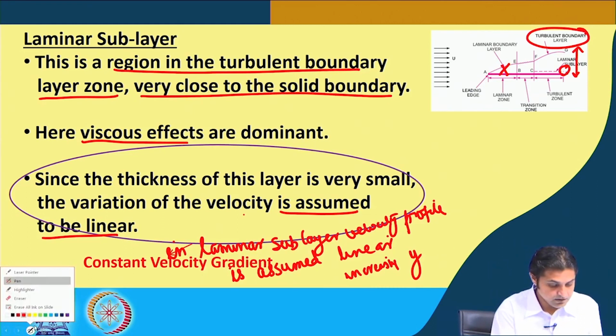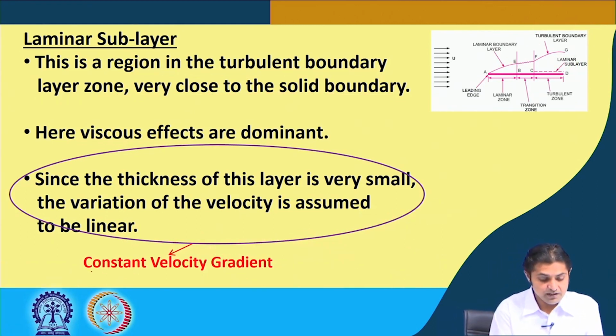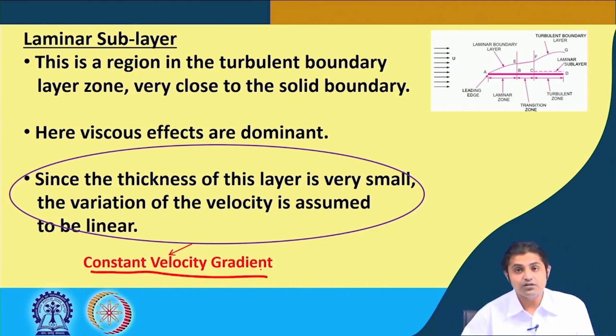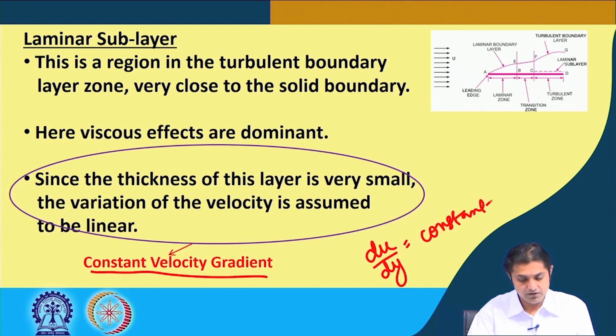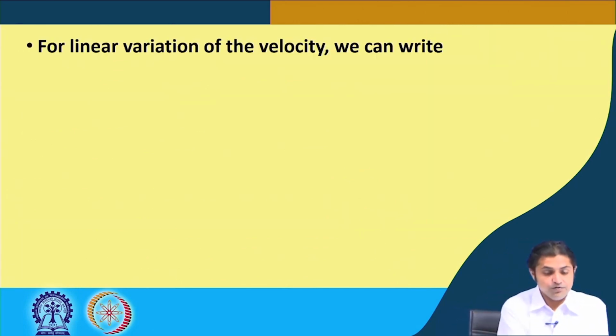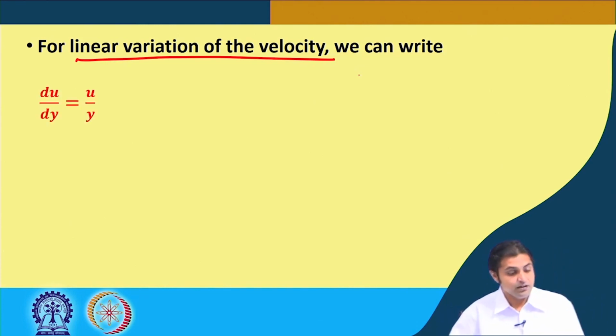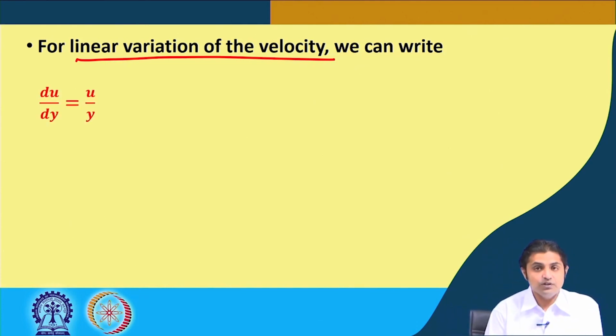Okay, and we also assume that this has a constant velocity gradient. So, the velocity gradient du by dy is constant. Okay. Therefore, for linear variation of velocity, we can write du by dy is equal to u by y. Okay.